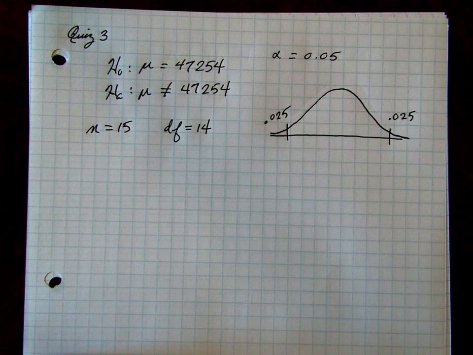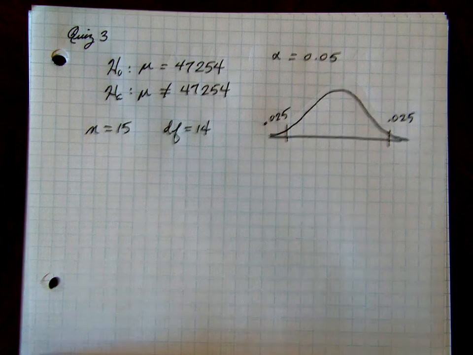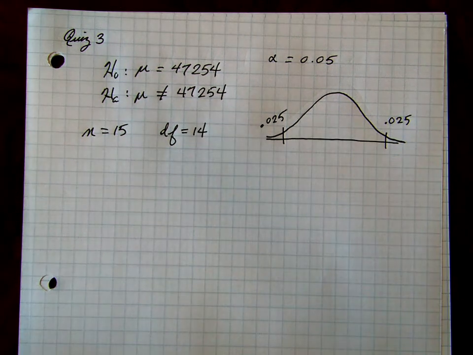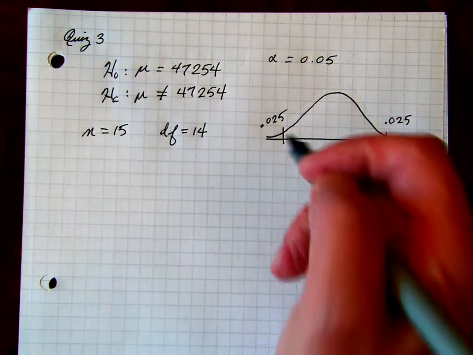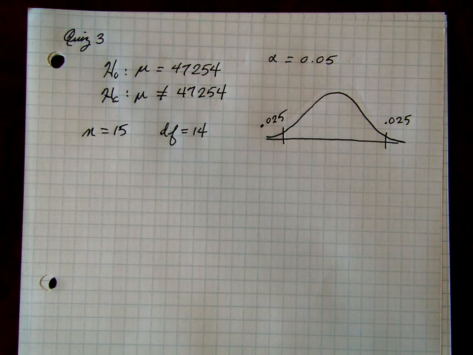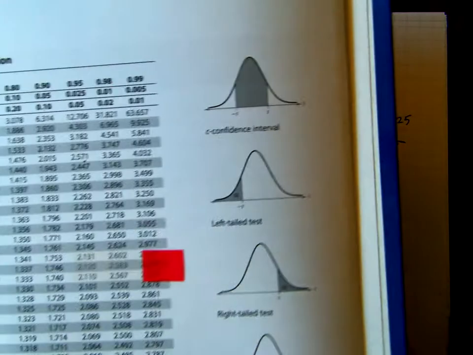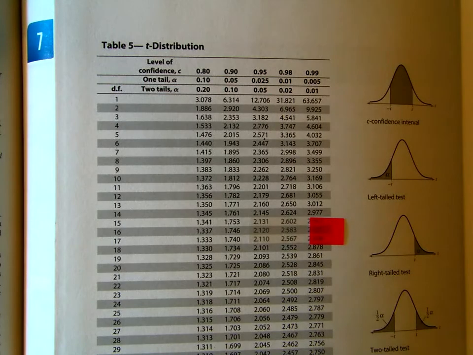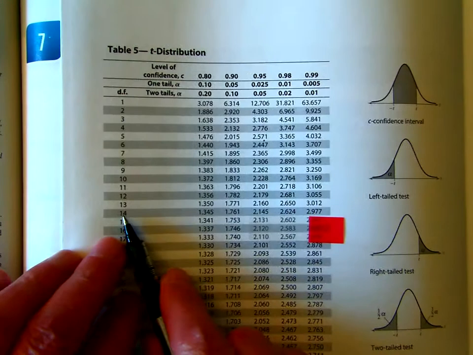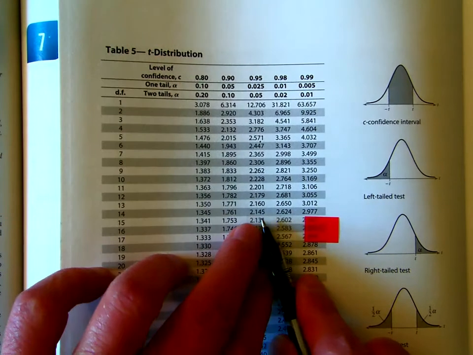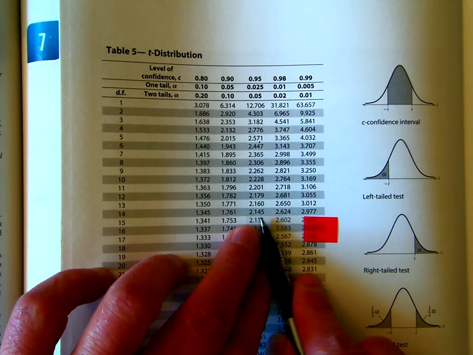So let's take a look at what we're going to need to find for our critical numbers. All right? So we have 14 degrees of freedom, and we want 0.025. When we look at the table for 14 degrees of freedom, we find 2.145.